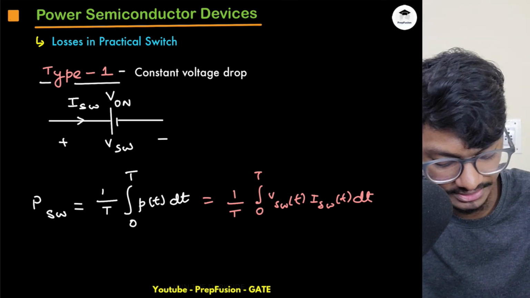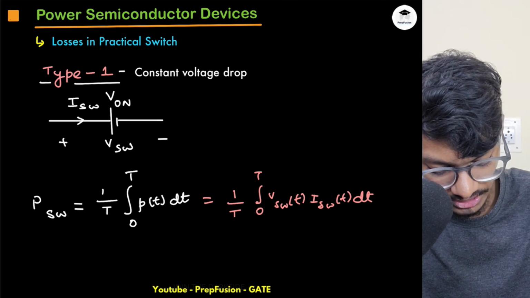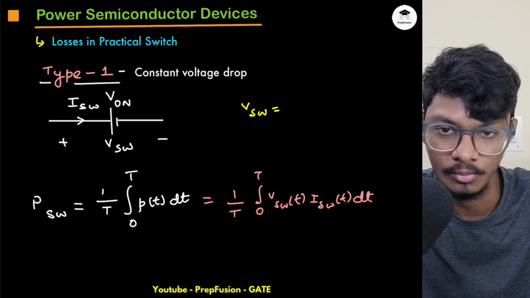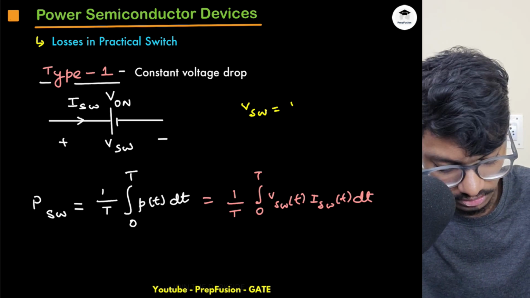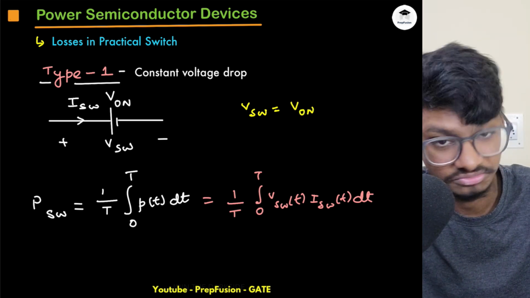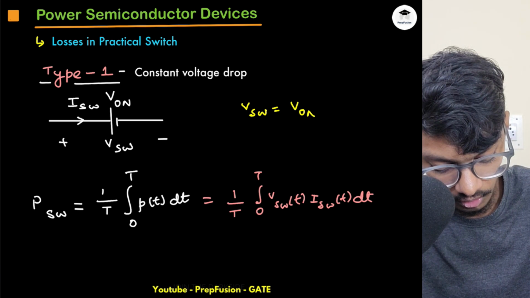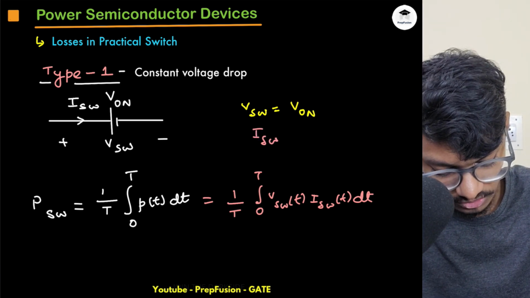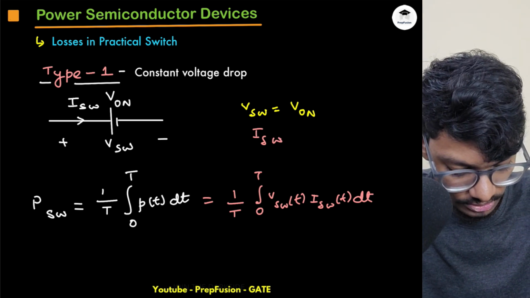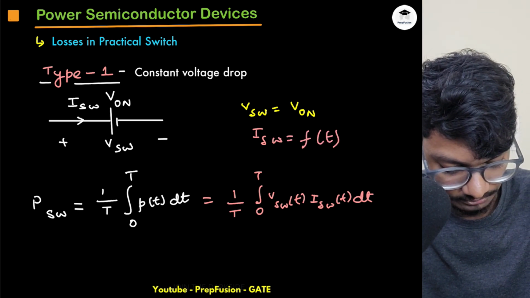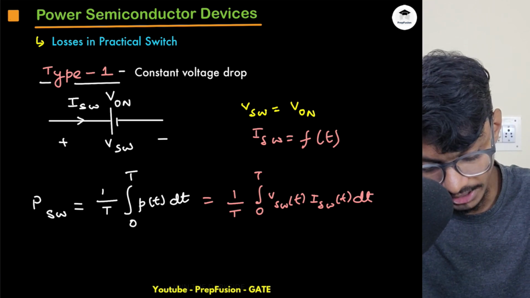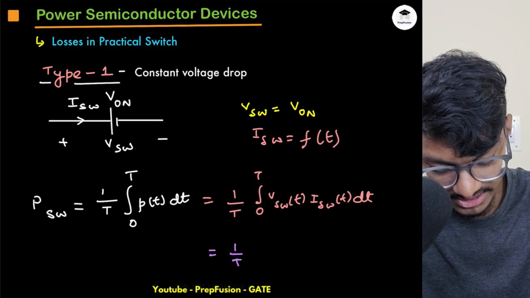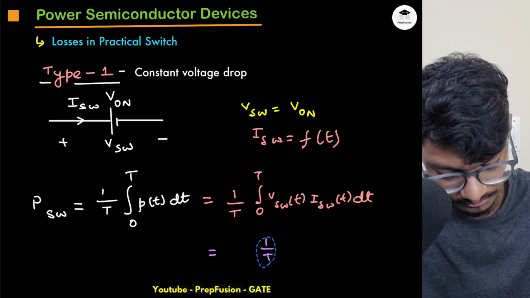What I observe here is that V switch, the voltage across the switch, is constant. It is a constant voltage drop model, so it will simply be V on, the voltage drop that happens across it. You can take the example of a diode turning on. What is my I switch? I don't know, it is some value, a function of time. So what I can do is simplify this. This will be 1 by T, and as V switch is constant, I can take it outside.